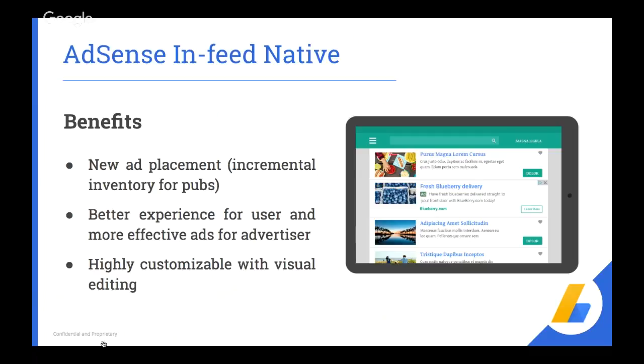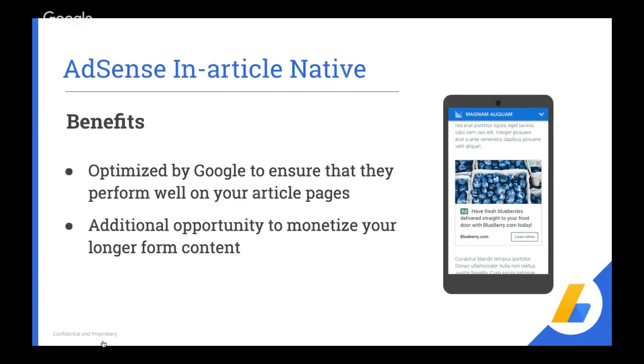Normally you place in-feed ads in between the content of your feed, or where your feed begins or ends. As visitors scroll down your content, they will find the in-feed ads. So how are they different from standard ads? We already talked about that: they're part of the user flow, they're highly customizable, and they use high quality advertising elements.